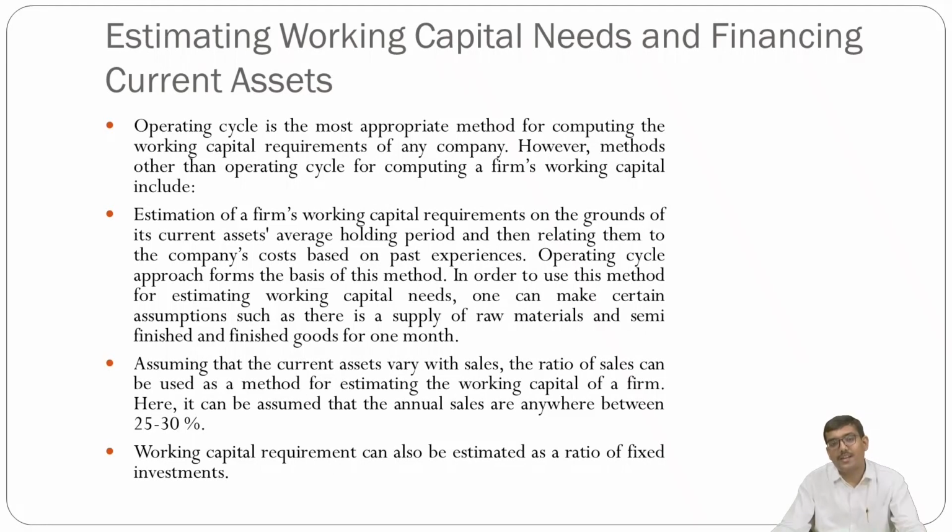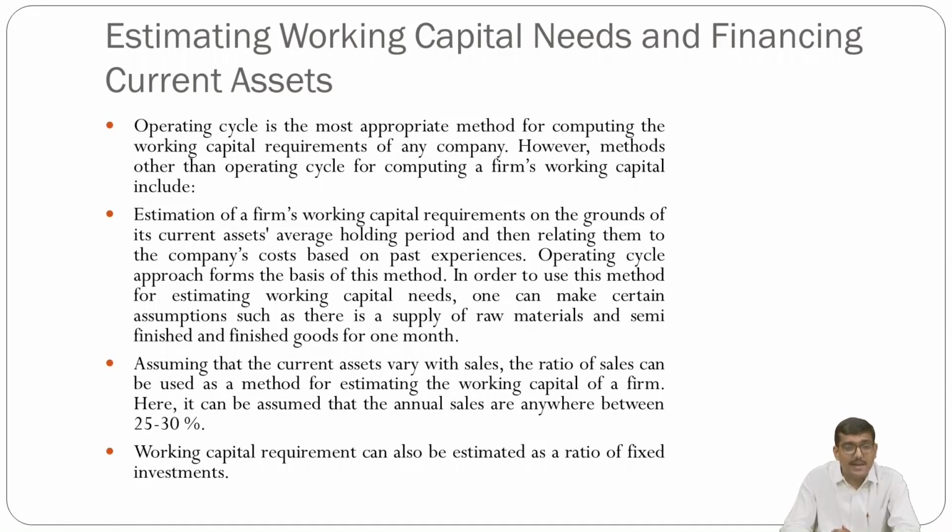The operating cycle approach forms the basis of this method, and in order to use it for estimating working capital needs, one can make certain assumptions. First, assume there is a supply of raw material, semi-finished and finished goods for 1 month. Second, assume the current assets are related to sales, and the ratio of sales can be used as a method of estimating the working capital of a firm.